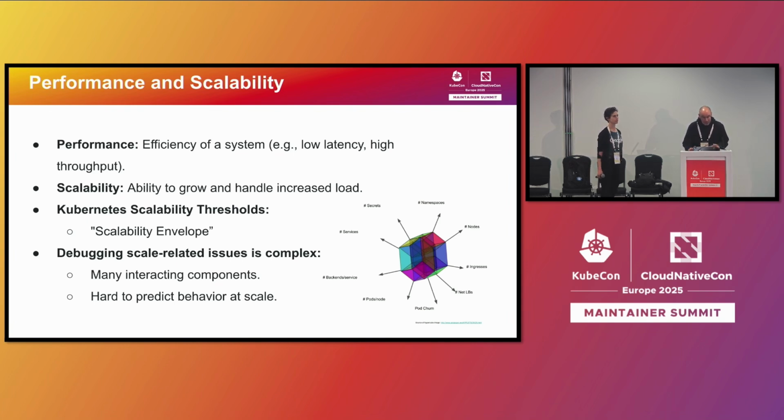So if it's difficult to define scalability, debugging or troubleshooting it is much more difficult. Why? There are many interacting components, right? When you have 10,000 nodes, 50,000 nodes, all these kinds of things, you don't even know where to look. The needle in the haystack is a good metaphor for this.